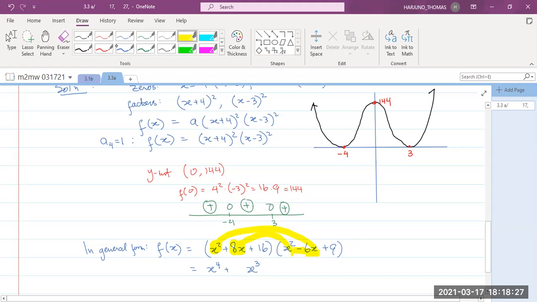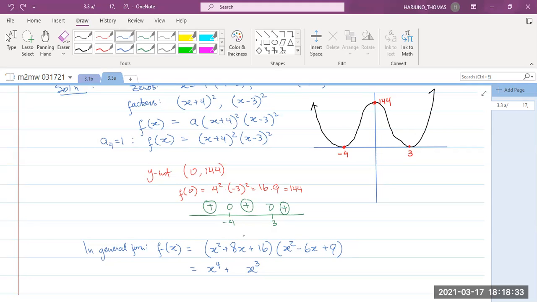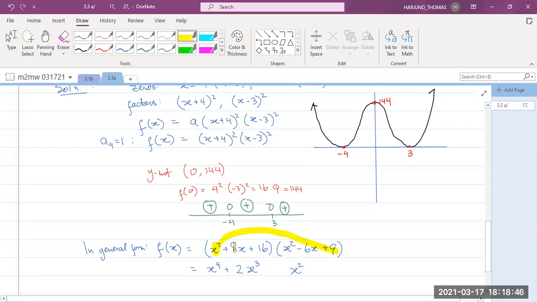That will give us 2x cubed. Now, how about x squared terms? X squared terms must be this guy, that's positive 9, minus 48, plus 16.